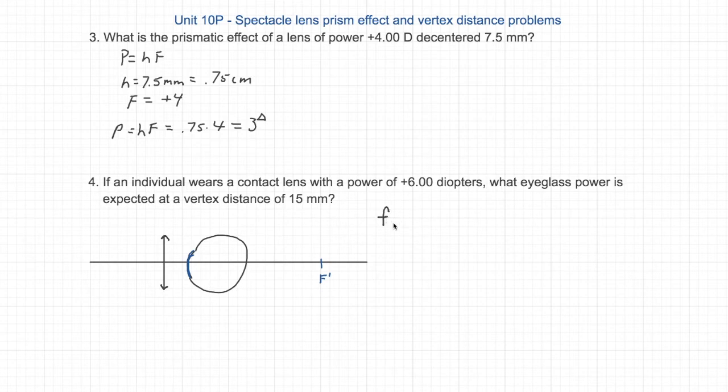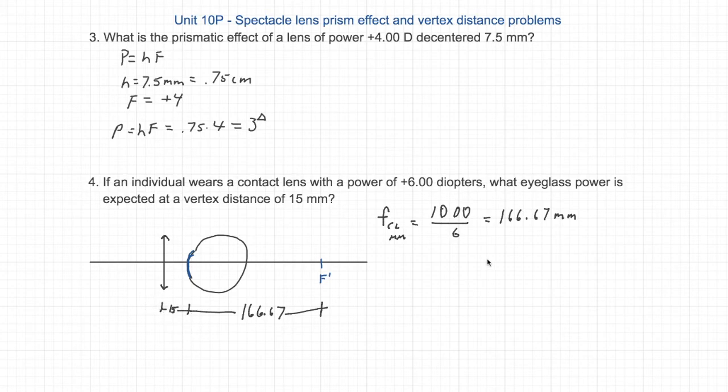And we find that the focal length of the contact lens, which is that blue arc that I drew on the cornea, equals 1,000 over 6. It's 166.67 millimeters. So that is the value we are assigning to that distance, a positive value. Now we see we have to add the 15 millimeter vertex distance of the spectacle lens to get the focal length of the spectacle lens.